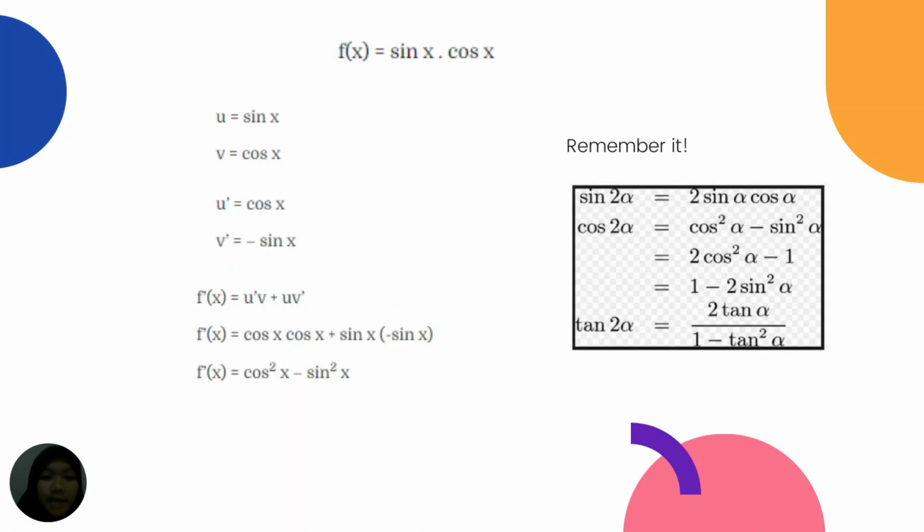f(x) is sin x times cos x. Here, sin x is u(x), cos x is v(x), and then u prime x is cos x, and v prime x is minus sin x.